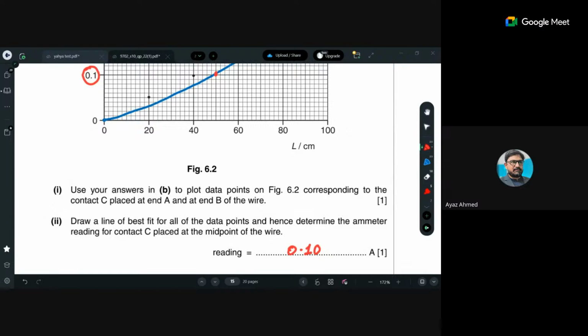So 0.005 ampere accuracy means it can be 0.125, it can be 0.124, something like that.